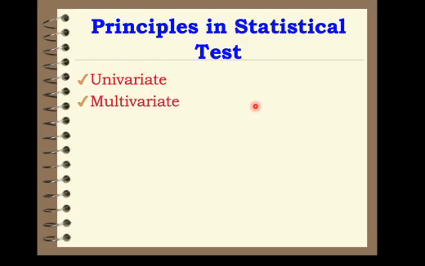Univariate analysis means looking at one independent variable and one dependent variable one at a time without looking into other factors that can affect the relationship. Now, if we want to look for other factors that can affect the relationship, we need to do a multivariate analysis.